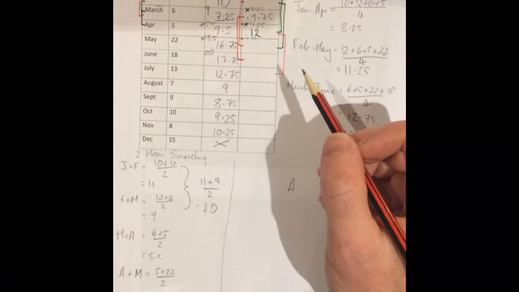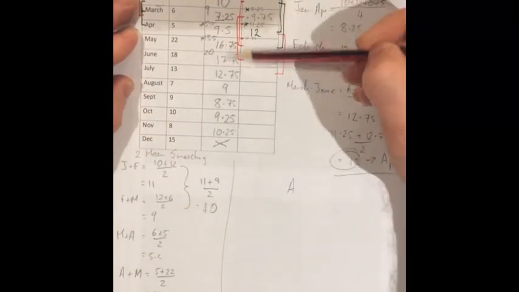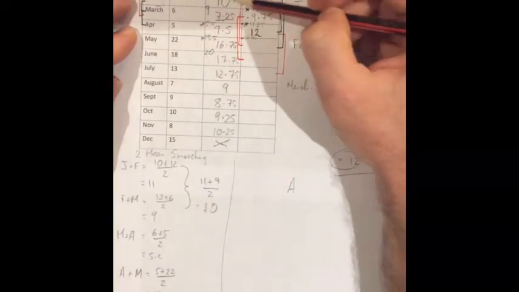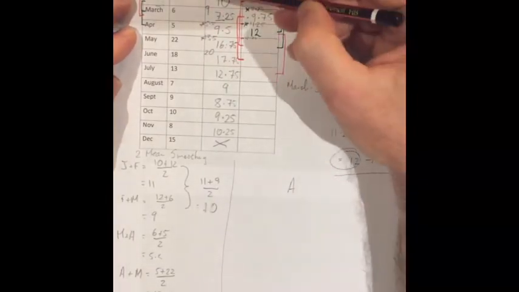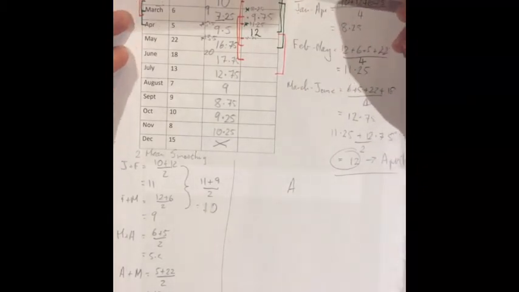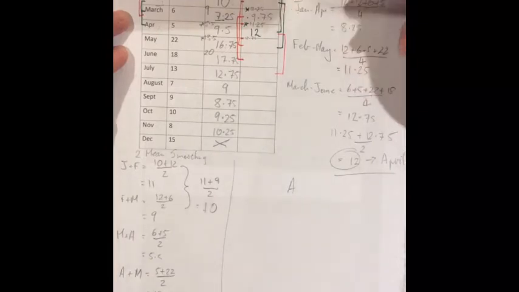Okay, so 4 mean smoothing is similar to 2 mean smoothing, where we used 3 data points to get 1. We used January, February, March to get February's data point. Same for 4 mean smoothing, we're going to use 5 points to get 1 point.